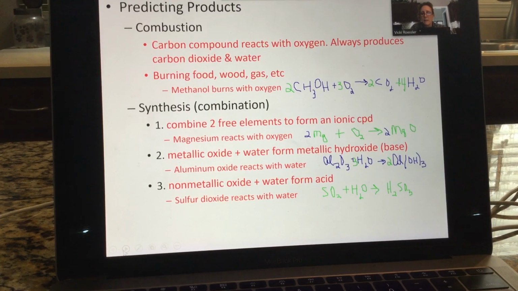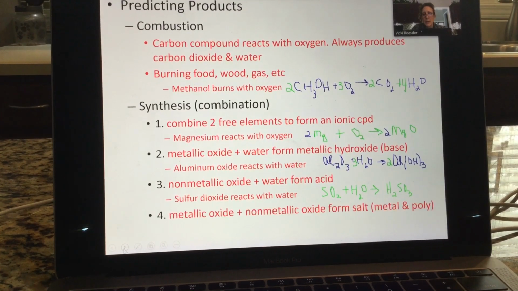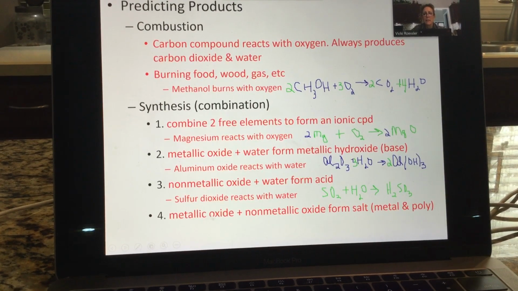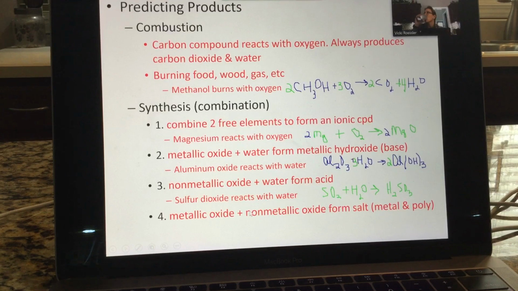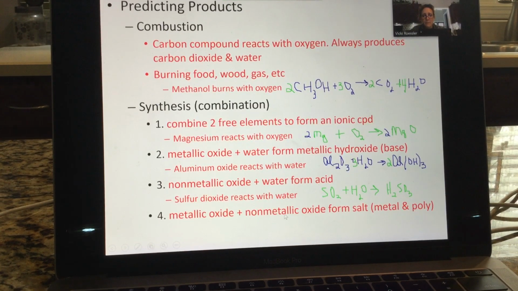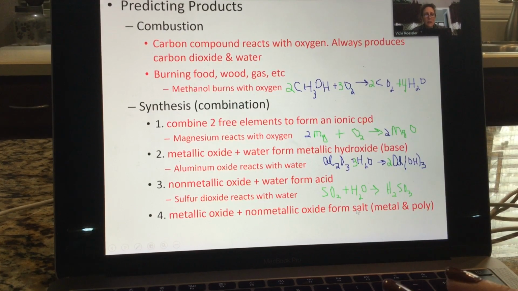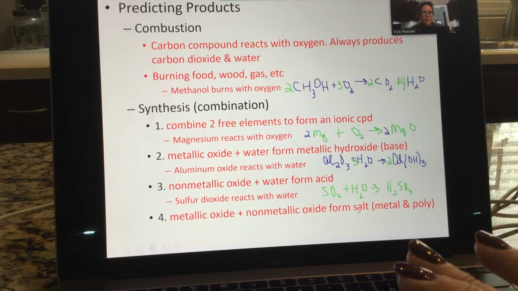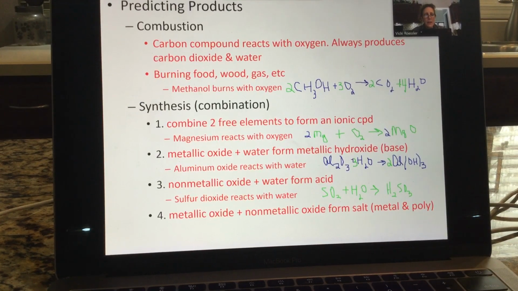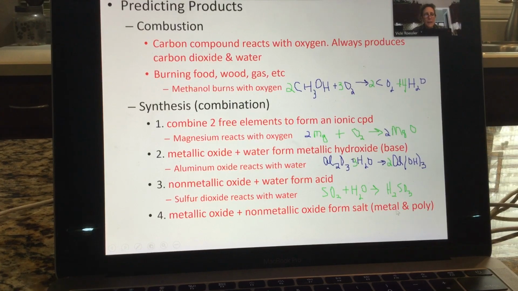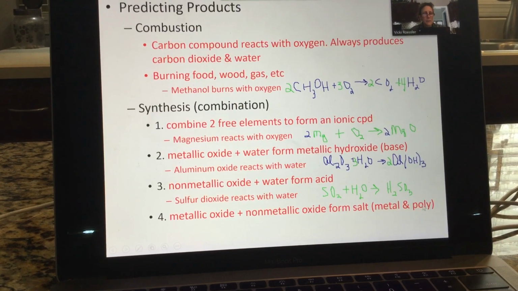And then finally, the fourth type of synthesis reaction is where we take a metallic oxide and a non-metallic oxide, and those combine together to form what we call a salt, which is just a generic name for an ionic compound, and in this case it'll be an ionic compound made up of a metal and a polyatomic ion.